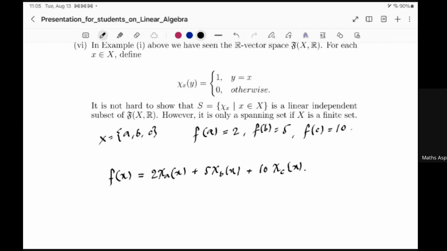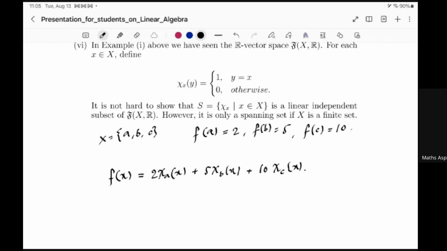So you can hit exactly the elements that you want, as long as X is finite. And since it's finite, you can write this as a sum, because finite sums make sense. So that is why it will also be a spanning set, provided that X is finite.